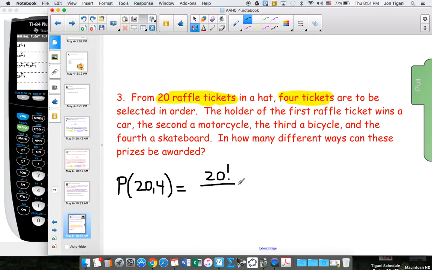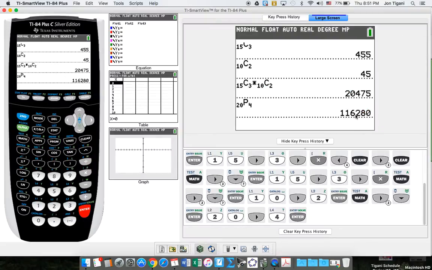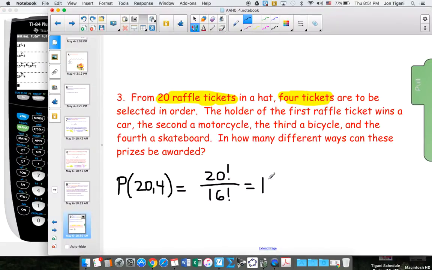This is you showing your work. 20, the difference of n and r, 20 minus 4 is 16 factorial, equals, and we had it in our calculator, 116,280. And that is how you use your calculator.